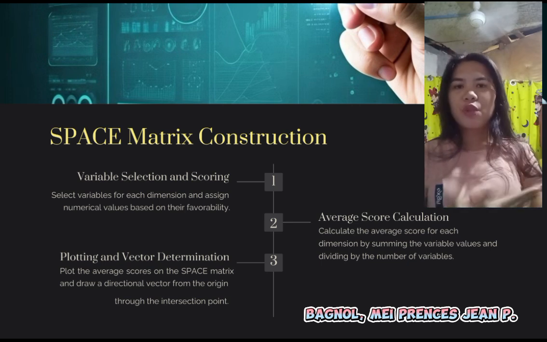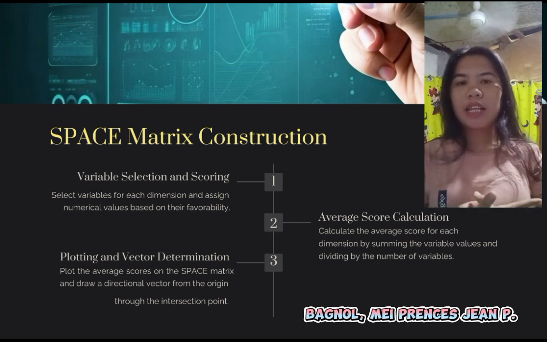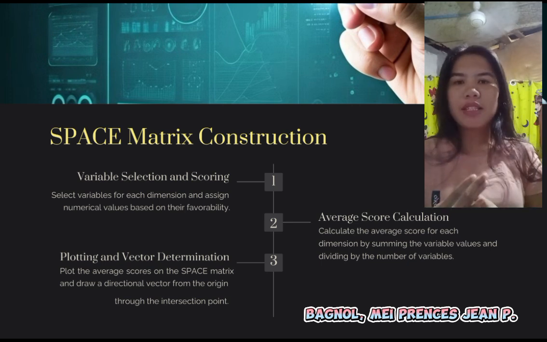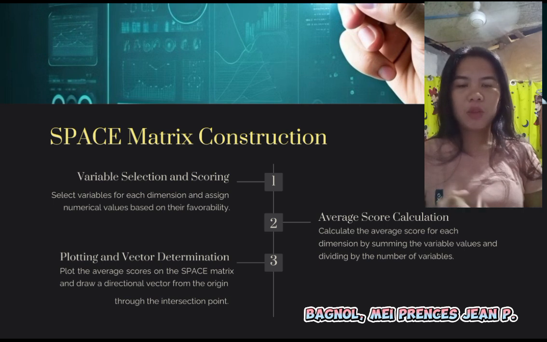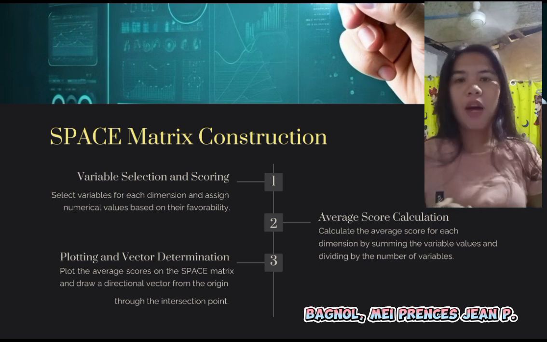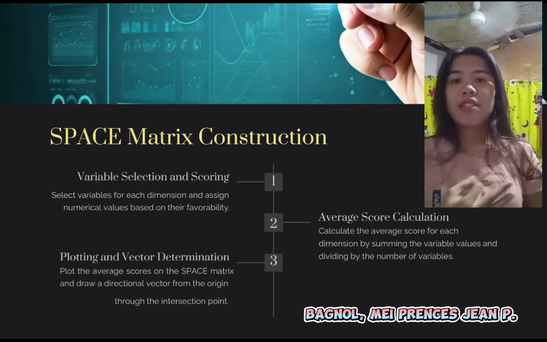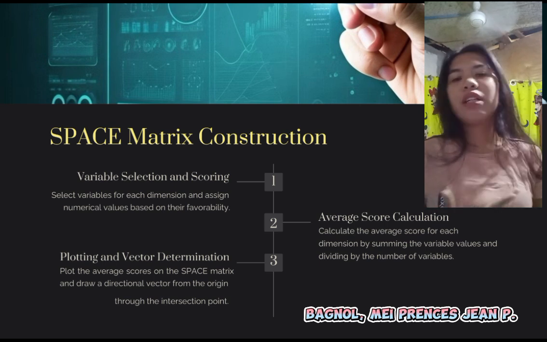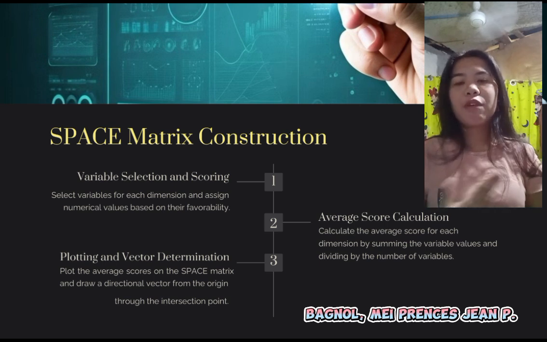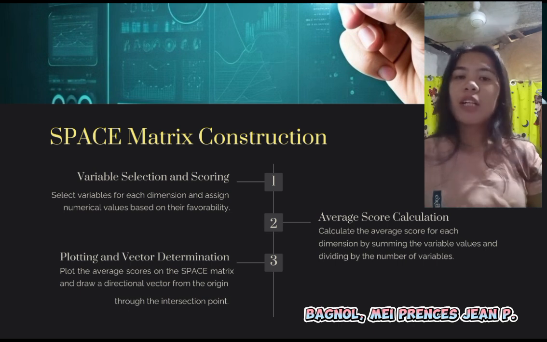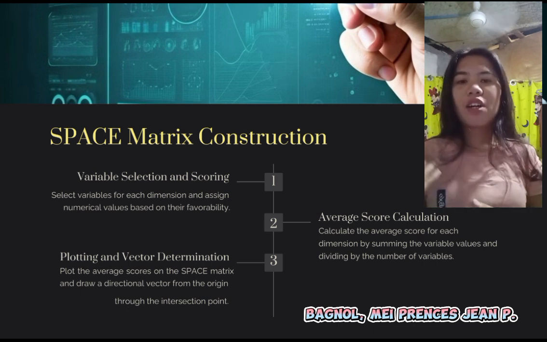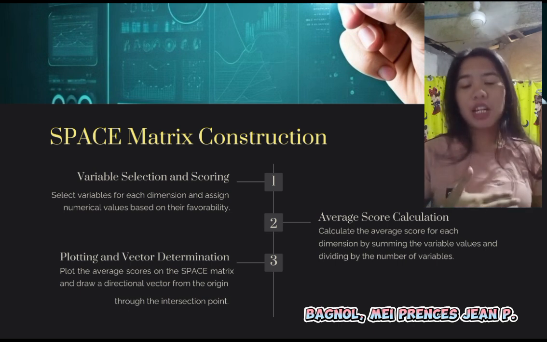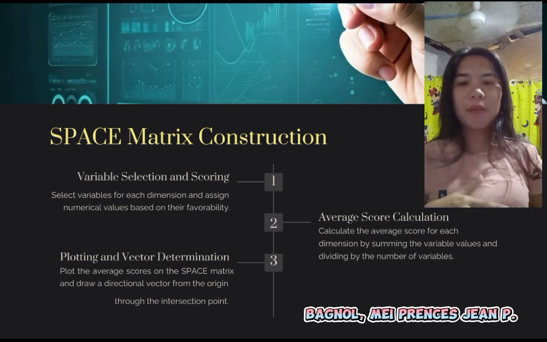So, to choose the variable scores, you identify the key factors like customer satisfaction, competition, financial strength, or service quality, and give each one a score based on how well the hotel is performing. For example, a hotel might score high in customer satisfaction but lower in financial stability.